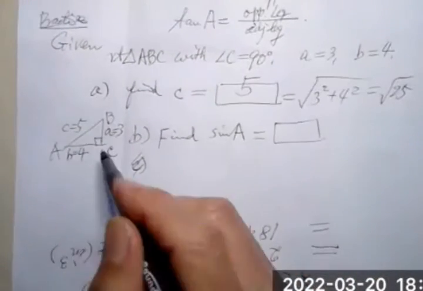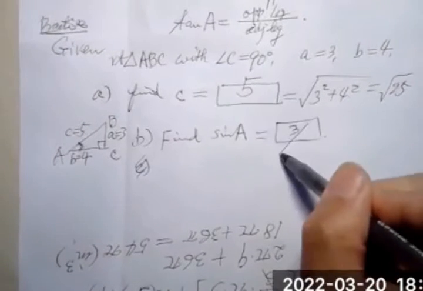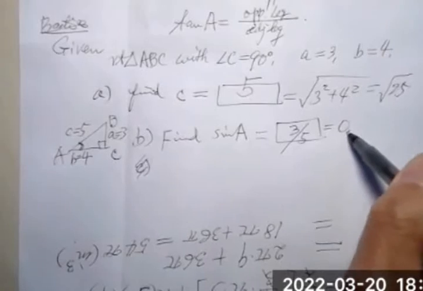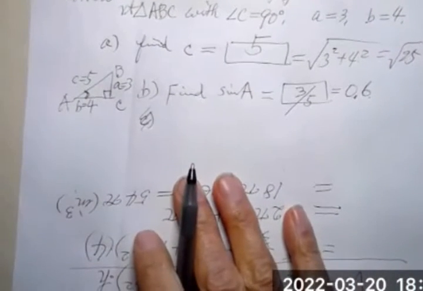I marked it here already. The opposite leg is 3, so this should be 3 over 5. 3 divided by 5 is 0.6. You might have put wrong numbers there.